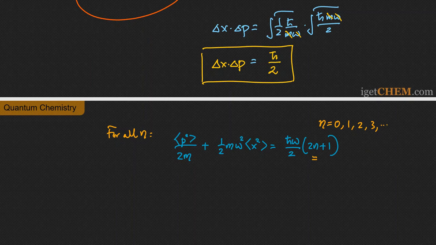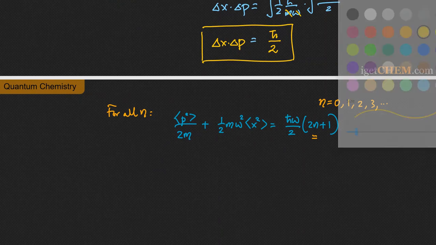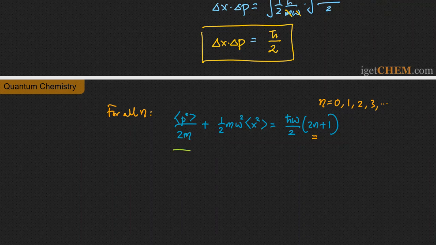For every eigenfunction, the total eigenenergy of that wave function is split 50% between the kinetic energy and the potential energy. So both of these will go up as you go to higher and higher eigenenergy.